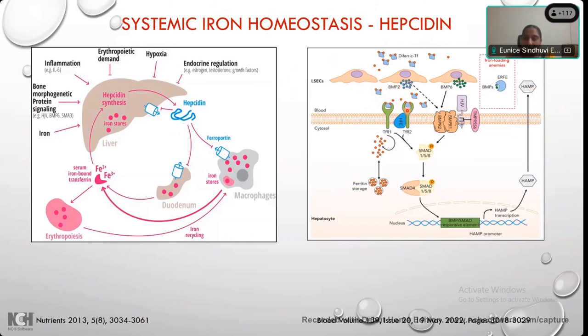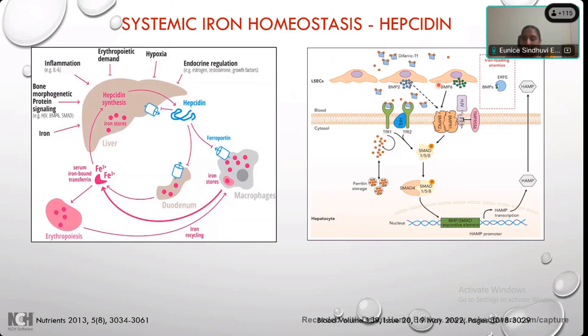It's mainly in the liver. So when diferric transferrin binds to transferrin receptor 2, HFE binds to TFR2, and they stimulate the SMAD signaling pathway, which in turn goes into the nucleus and induces the expression of hepcidin.